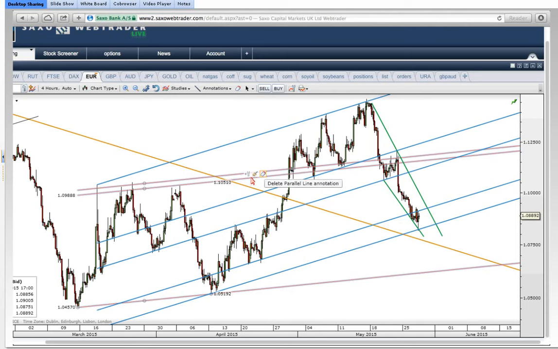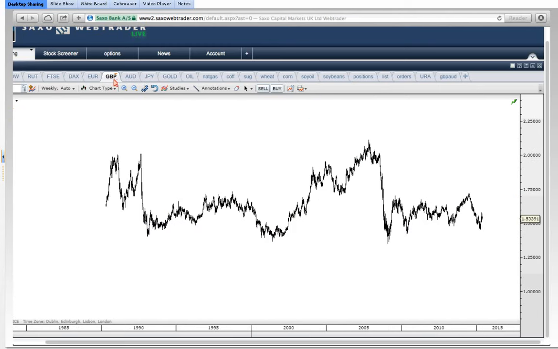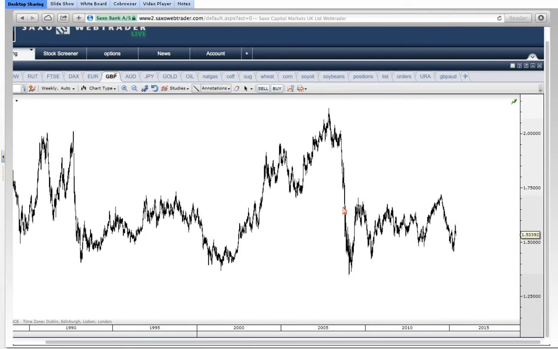I can go to GBP US dollar, and this is a very long-term chart. From 1995, there was some obvious resistance, and I was plotting these when it was happening. Last summer, I think, when it was around 1.72.